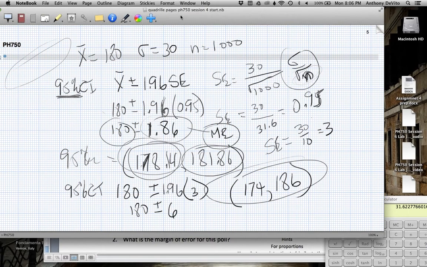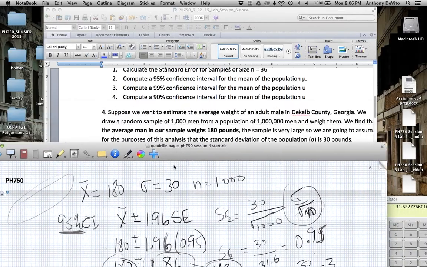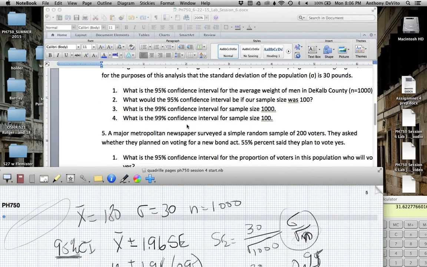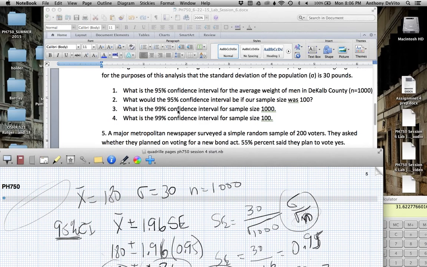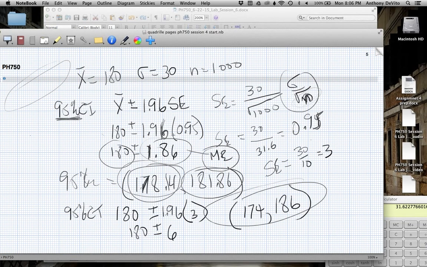Let's move on. I'm going to skip 99% confidence, and you're going to do the same thing, except instead of using 1.96, you're going to use 2.58 for each one of those two problems. So it's going to be 2.58 times 0.95, and 2.58 times 3 to get your 99% confidence interval.